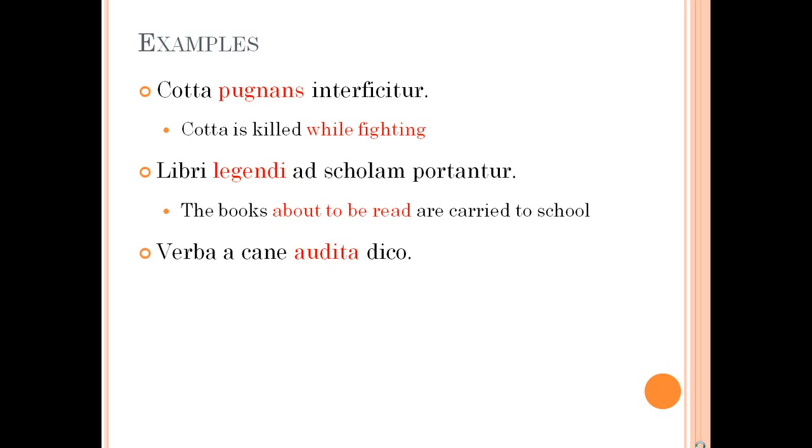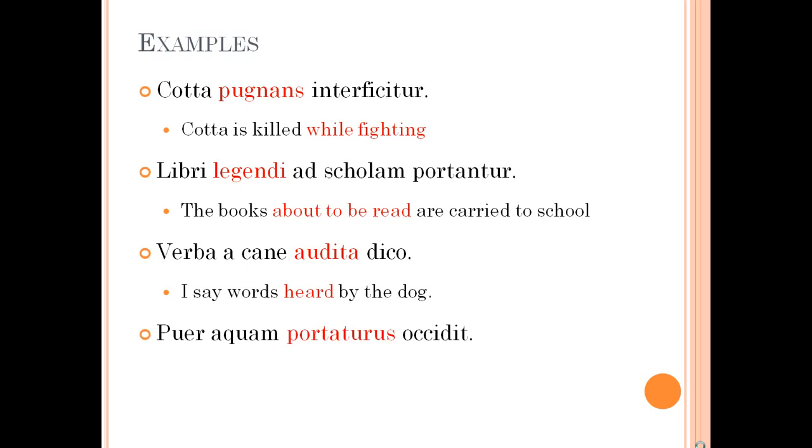So this is a perfect passive participle. It agrees with verba. So I say, "words heard by the dog." "Puer aquam portaturus occidit." The portaturus has the -ur in it that tells us it's a future active participle. So, "the boy about to carry water died."